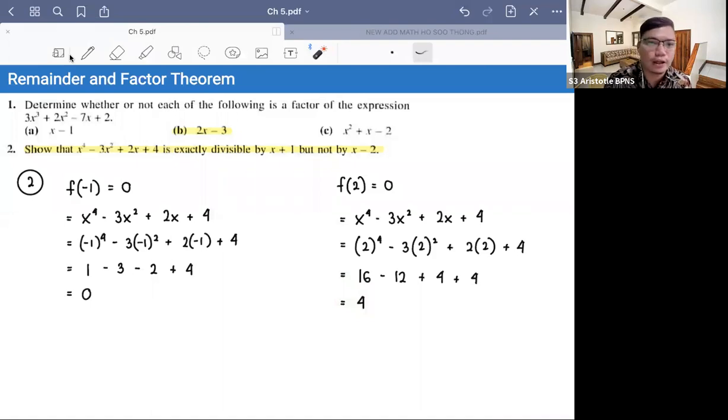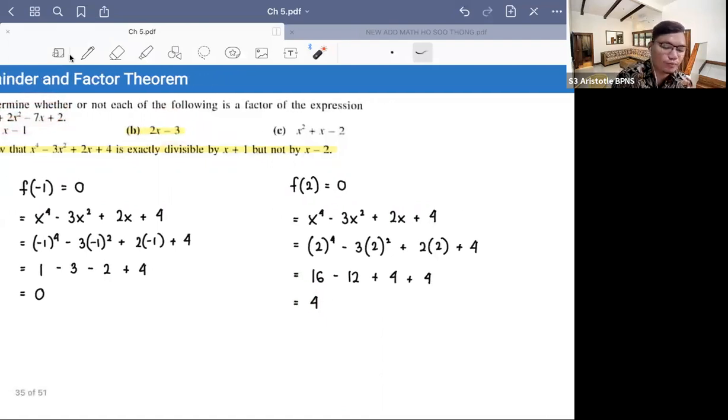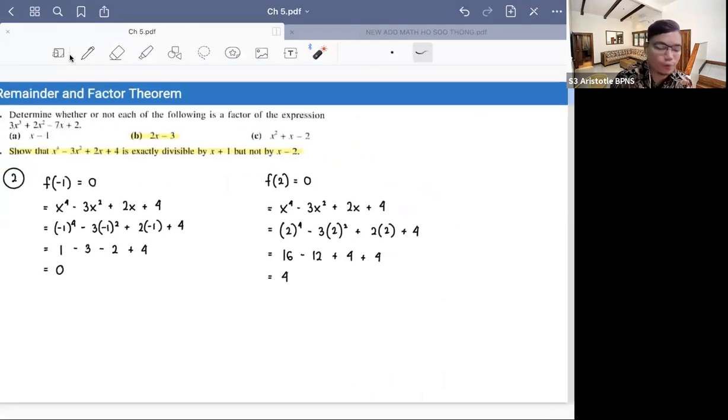Any questions, class, for number 1 and 2? So that's how you prove that, let's say, 2x minus 3 is a factor of a certain expression. Okay, so let's have another set of questions.